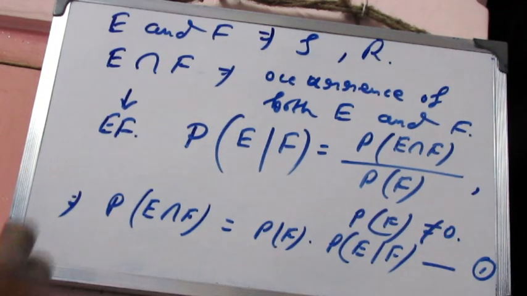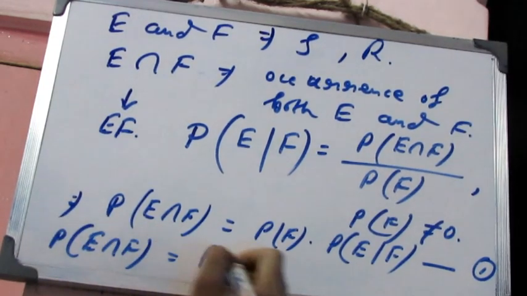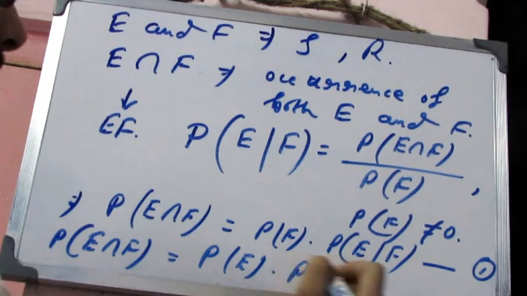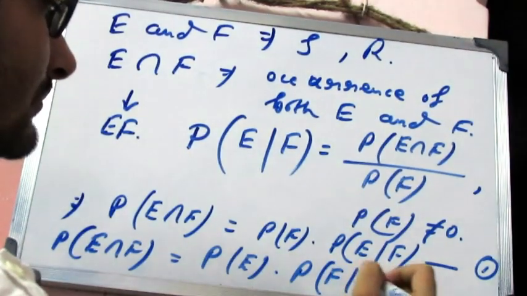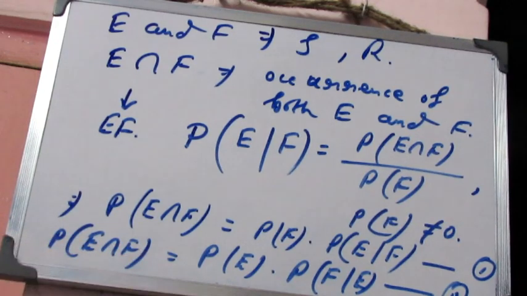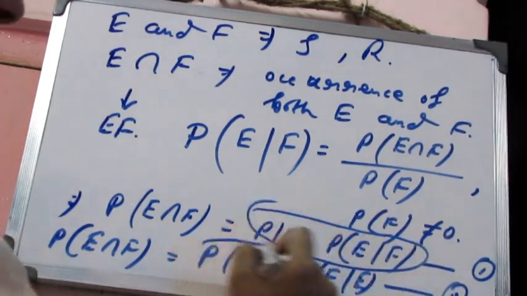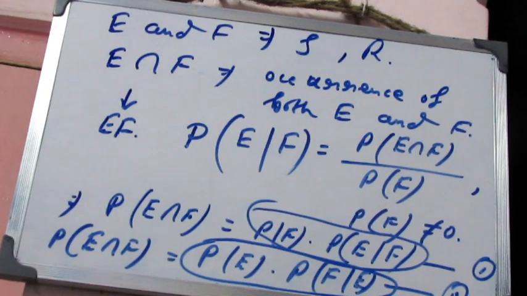Again, applying similar things, we can write P of E intersection F is equal to P of E into P of F condition that E. This is equation 2. From 1 and 2, we can say that these two are equal.